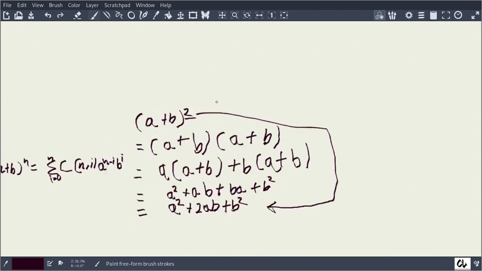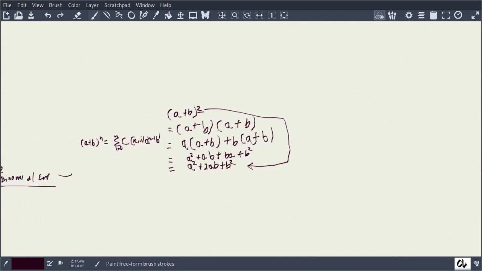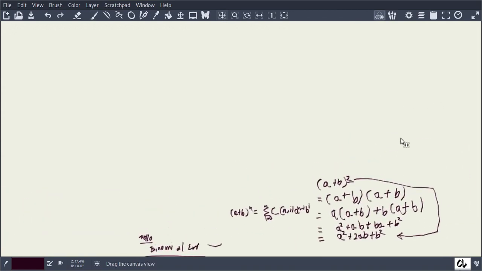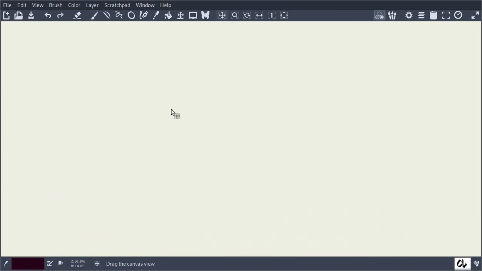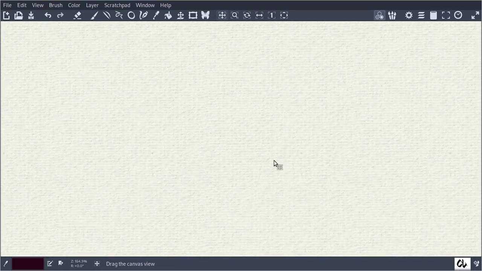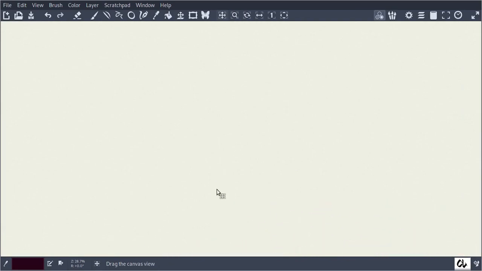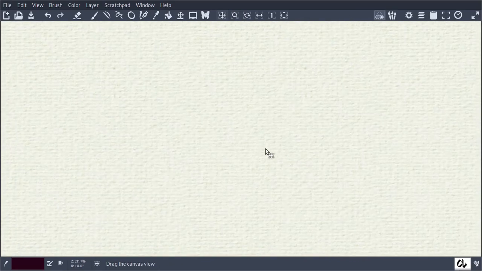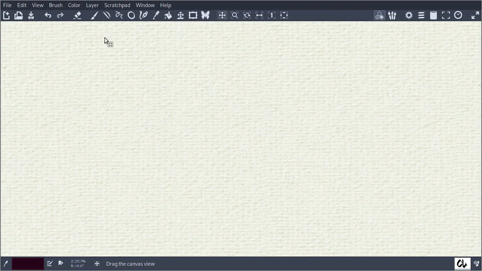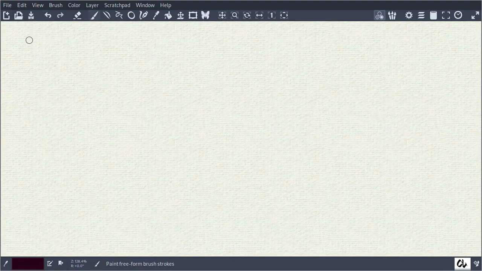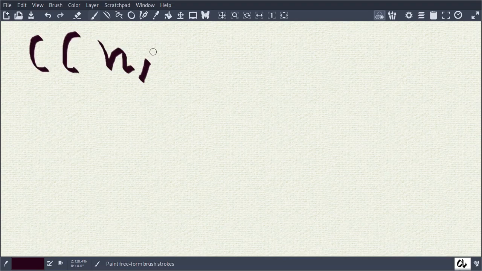So first, before that, we probably need to know what this c n comma i actually is. So for that, let's go somewhere around here. Okay, let's zoom in a little bit. So where is that? Well, this is right here. Okay, so now we need to know what, in the formula we saw last time, there's something called c n comma i.